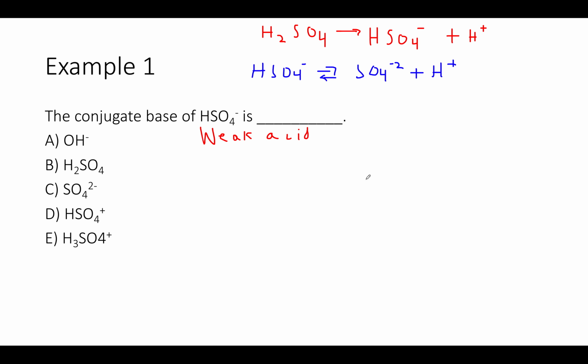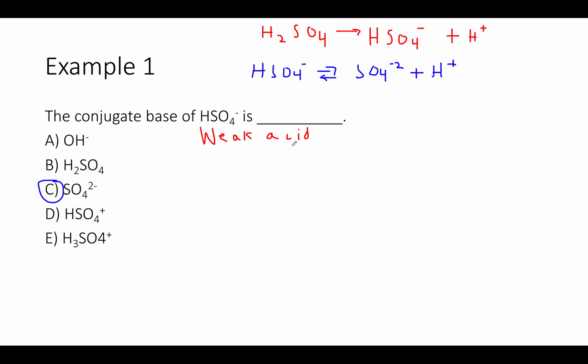So per Bronsted-Lowry, the acid donates the proton, and that leaves the conjugate base. So here, HSO4 minus is our acid, and it's donating the proton. The conjugate base of HSO4 minus is SO4 2-.